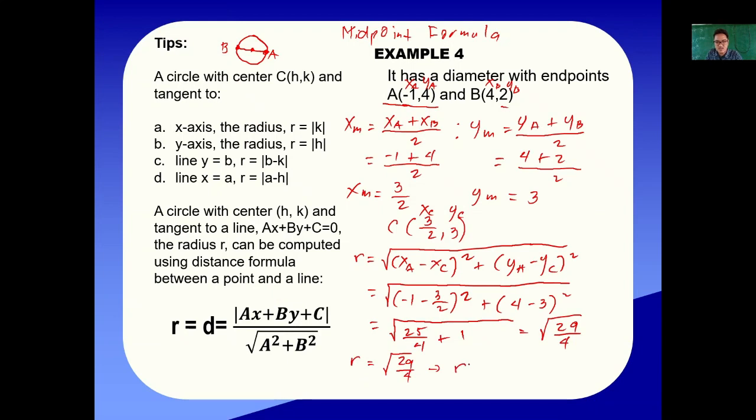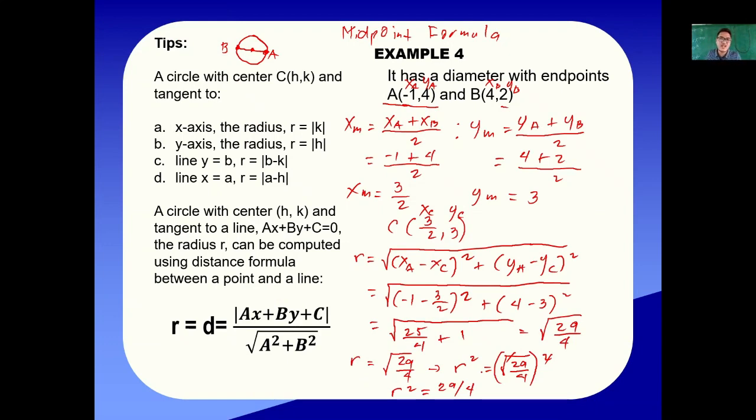We have R squared both sides, cancel, cancel. Therefore, we have R squared is equal to 29 all over 4. Ayan. Nakuha na natin yung radius.